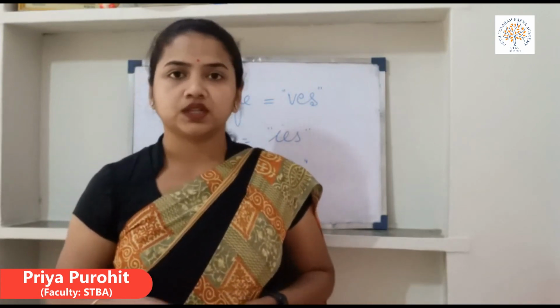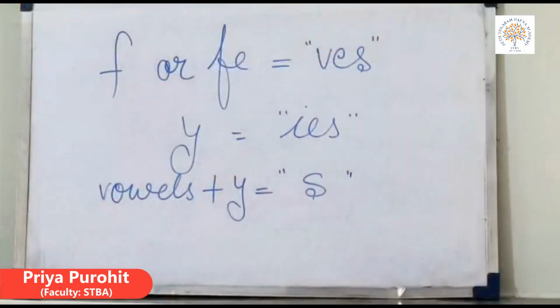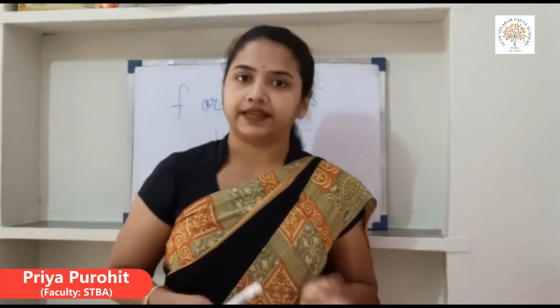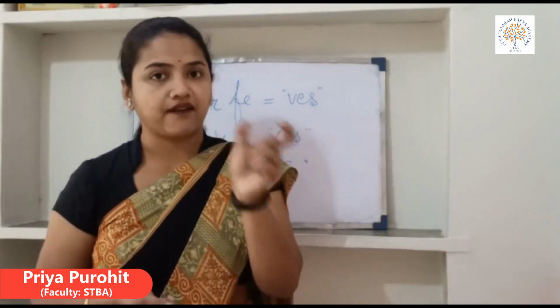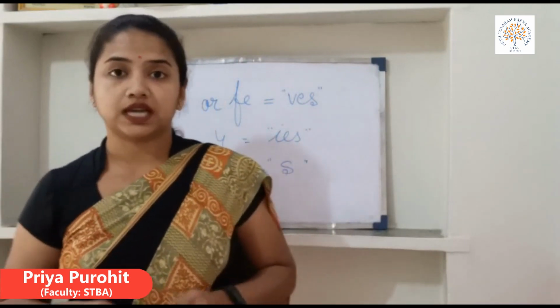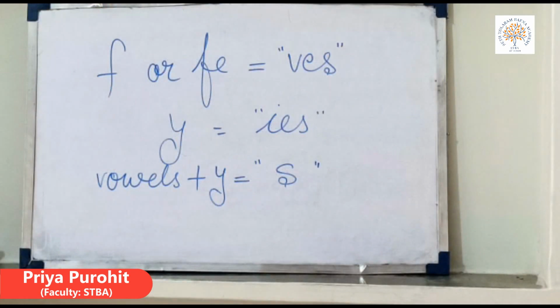We can form plurals in many ways also, like by changing F. If any word has F at the end, we can change it into VES. If it has F or FE, whatever it is, if a word ends with F or FE, change it into VES. When a noun ends in F or FE, that is leaf. We can change it here: in the place of F, we use VES and it becomes leaves.